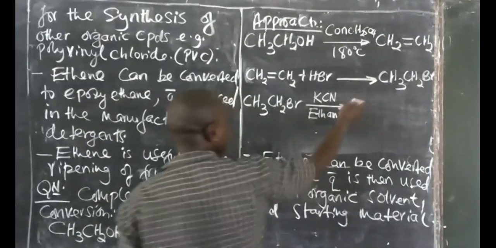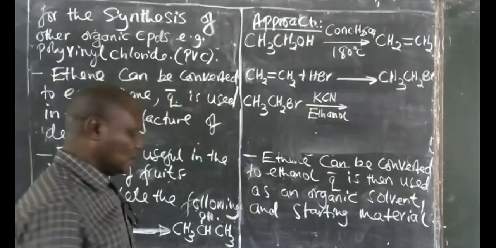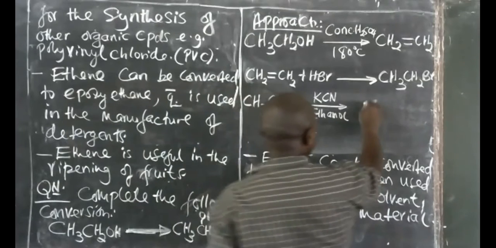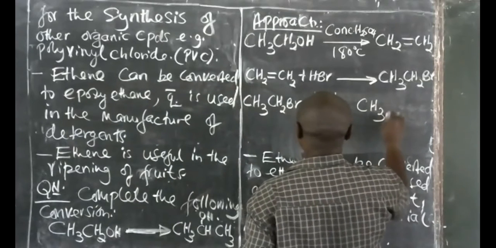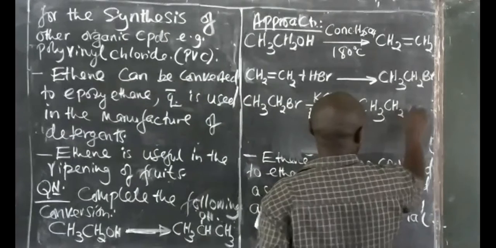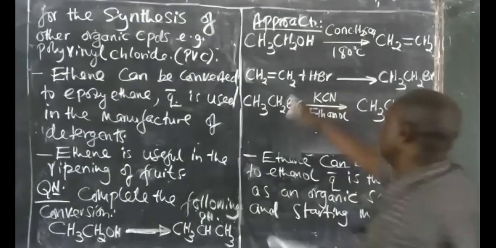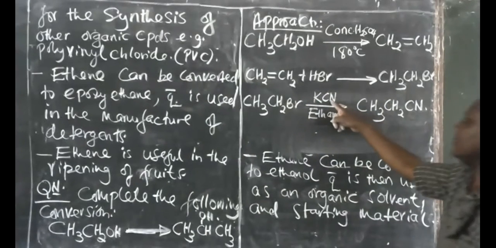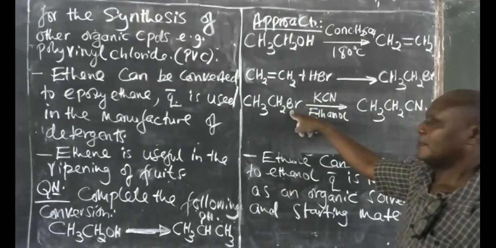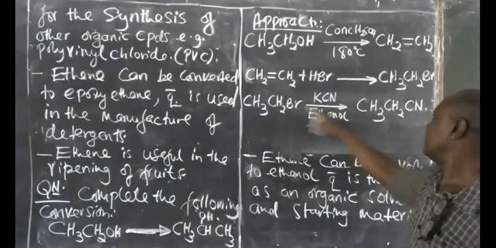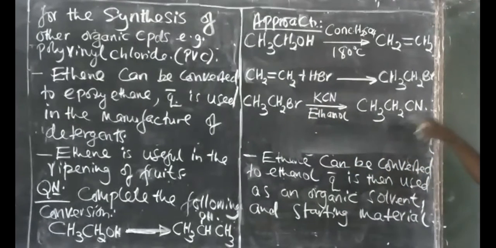We are lengthening the carbon chain, which is going to give us CH3CH2CN. So the cyanide has replaced what? The bromide atom to give us CH3CH2CN.